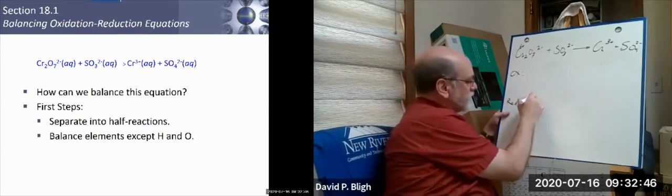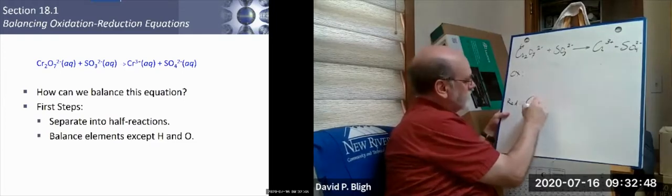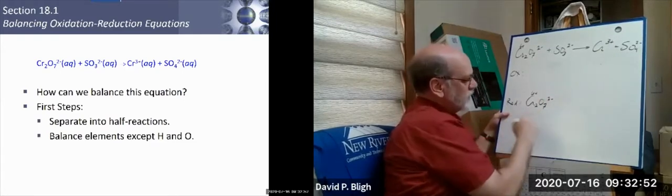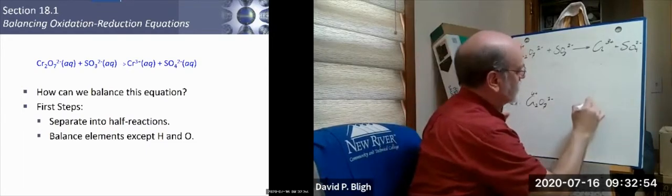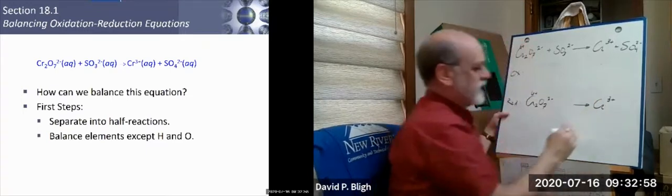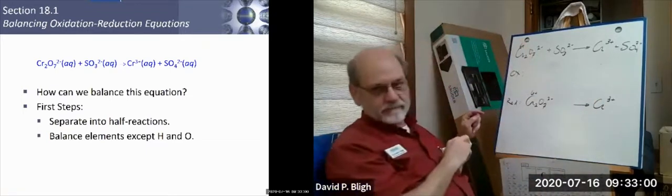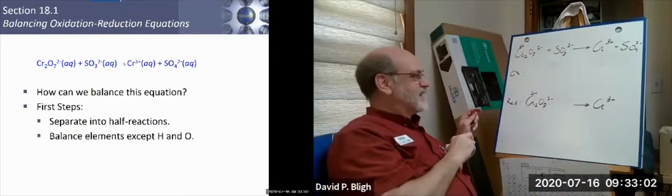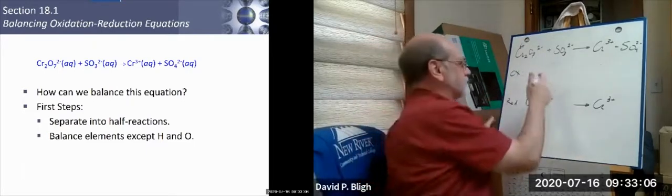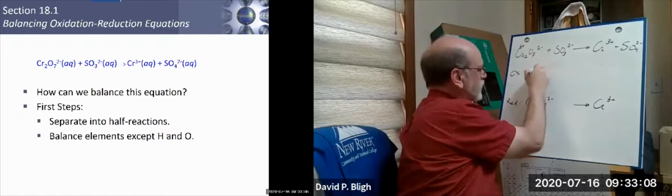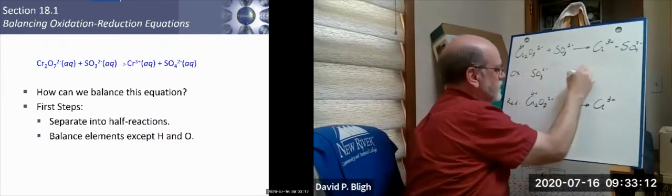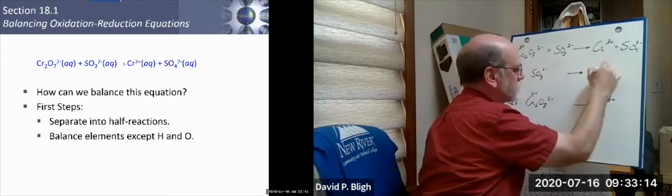Right? So that means that this one, with its 6+, went to this one with its 3+. Reduction. Okay? So that means the other one has to be oxidized. So we have this one is oxidized to this one.